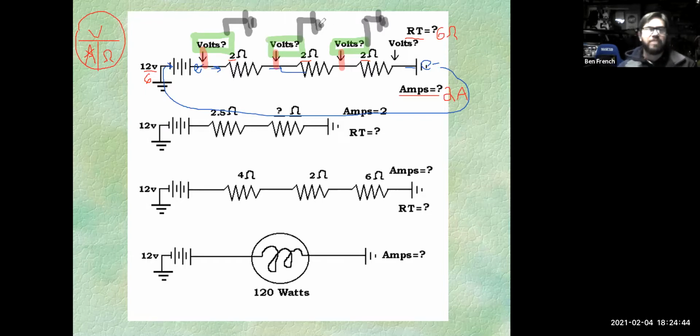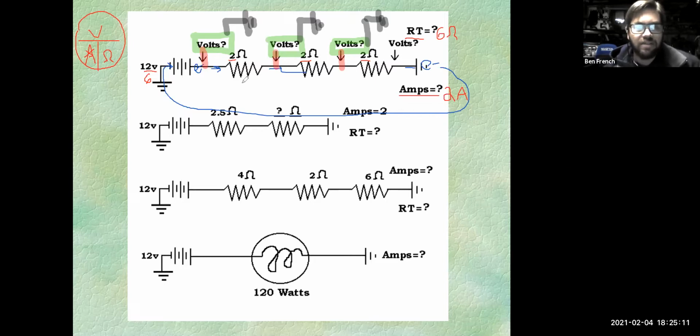So it's kind of like I took my meter and measured it in 3 different spots. The negative lead, or the COM lead, stayed on ground, right? Maybe the frame of the car, maybe the negative post of the battery. It stayed there. The positive lead, first I had it before this first resistor, then in between those two, and then in between those two, right? And oops, I didn't draw this one over here, but there's one over there.